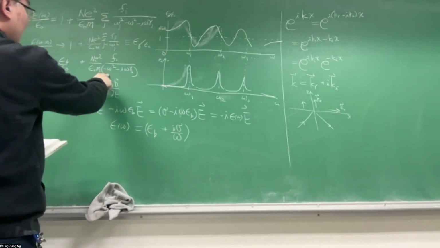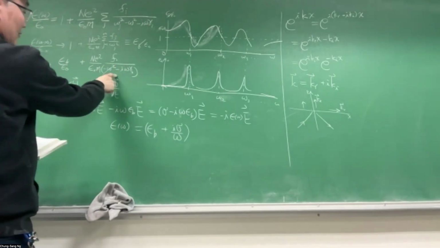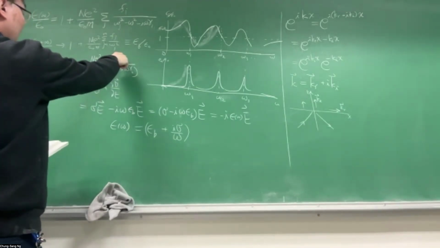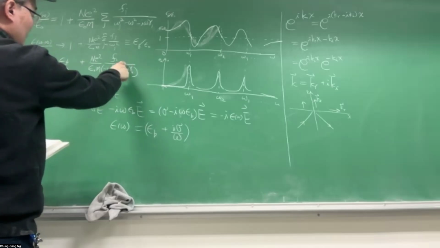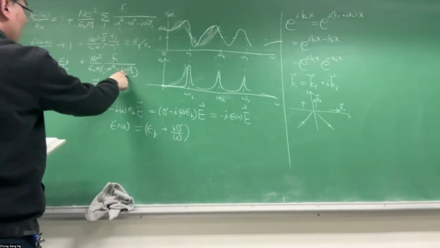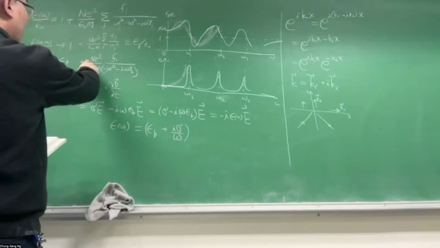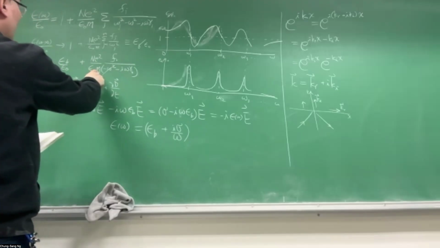So basically, when omega is very small, you can ignore this part. So you have a minus i in the denominator, which becomes a plus i in the numerator. So you have i, and then divided by omega. Everything else will combine to this sigma. So N e squared divided by epsilon 0 m.